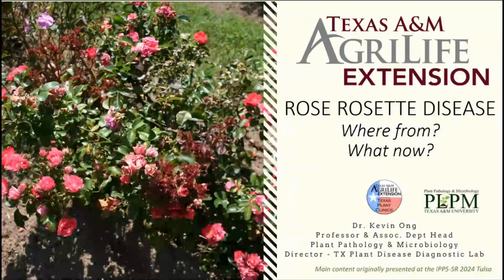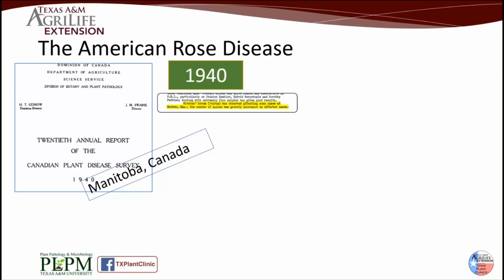This talk was actually presented last year around this time in Tulsa at the International Plant Propagation Society's Southern Region meeting. If any of you look at this and say, hey, I want to use this in a future talk, let me know. I'll be glad to share the PowerPoint with you.